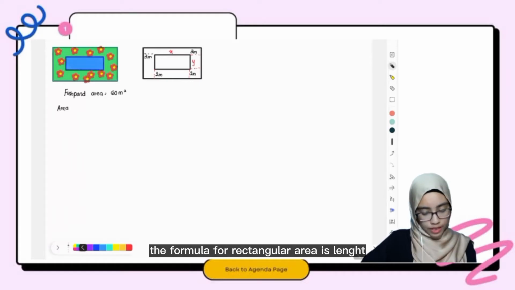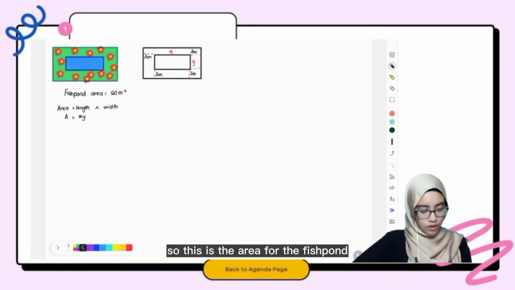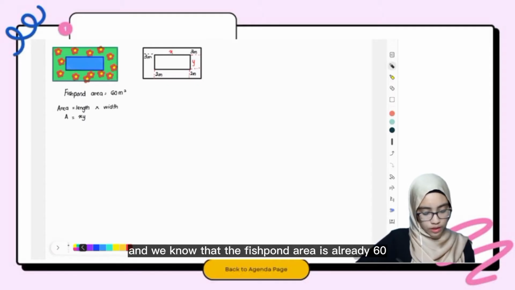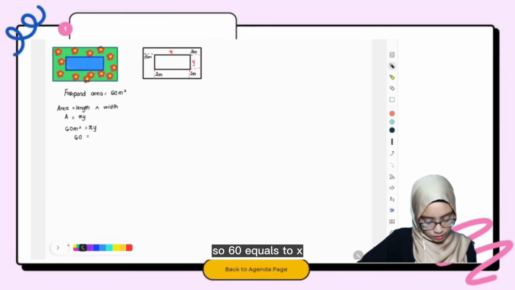The formula for rectangular area is length multiplied by width. So the length is x multiplied by y, which is the area of the fish pond. And we know the fish pond area is 60. So 60 equals xy.